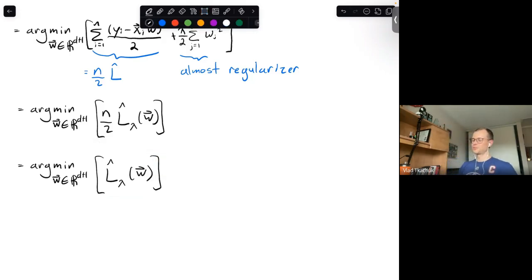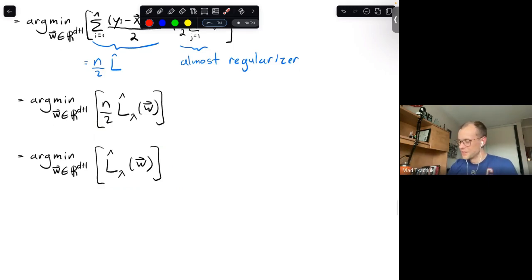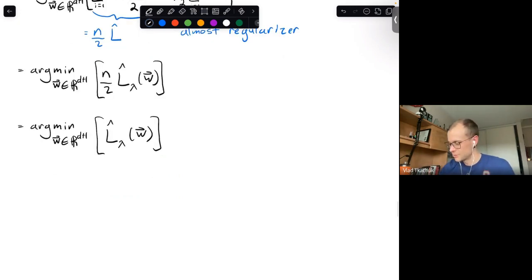Now what we have is exactly the same thing as we had in regularized linear regression, which is that this argmin solution is exactly the regularized estimated loss predictor we had before. In particular, what did we get?